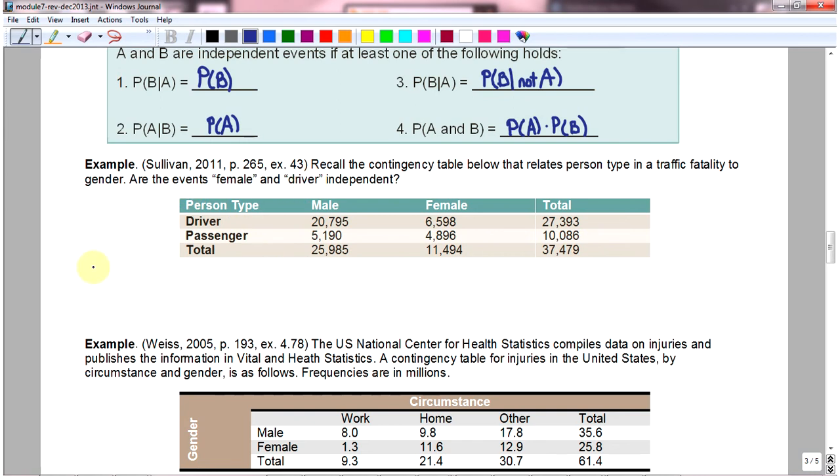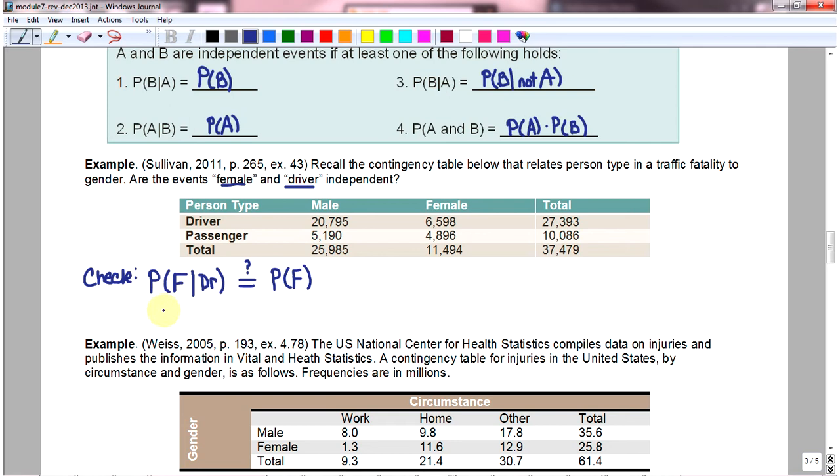There are a couple of ways that you can do this, but using those 4 possibilities that we just went over, to see if female and driver are independent, I'm going to look at the probability that a fatality was female given that the person was driving. Well, if these are independent, that would mean that this would equal just the probability that the fatality was female. Okay, so that's what I want to determine.